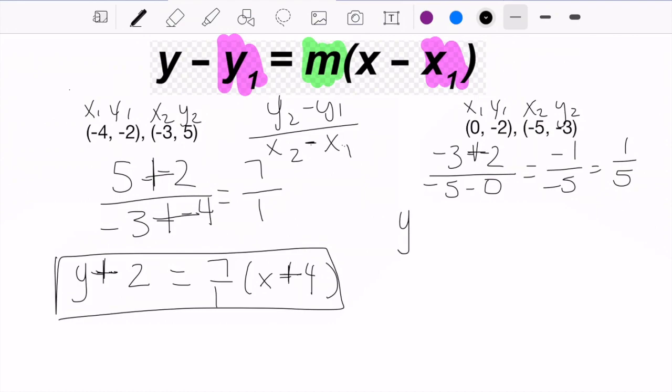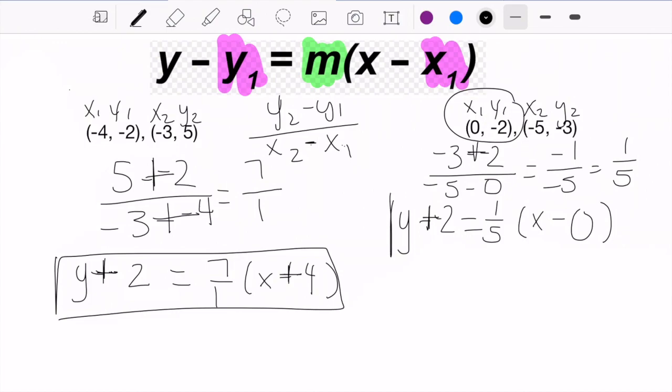Writing everything that is not highlighted, we go ahead and plug in our slope, and then plug in our x1, y1. And so that's what this equation would look like. So go ahead and try these next two on your own.